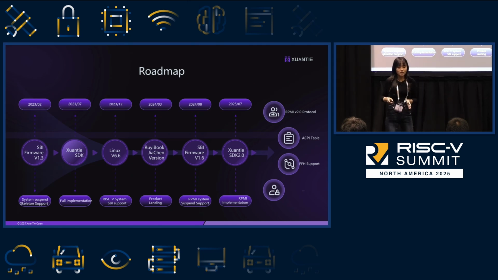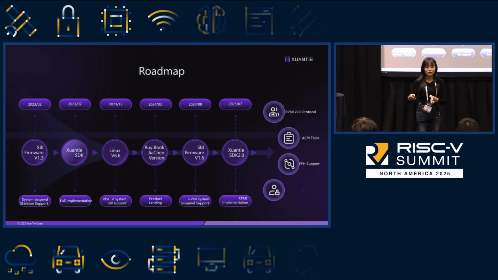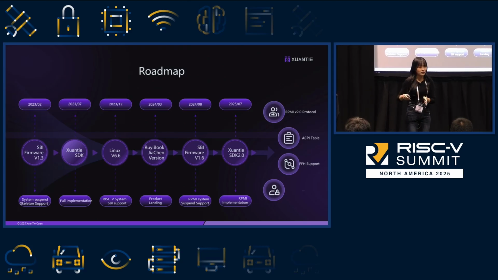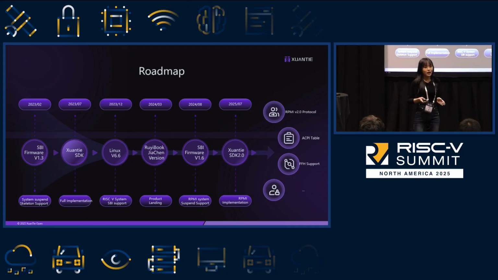Then the RPMI system protocols were released in 5 months. You can see here, our XuanTie platform has almost grown up with the upstream RISC-V ecosystem. And in the future, we're going to work with the RPMI group as well.